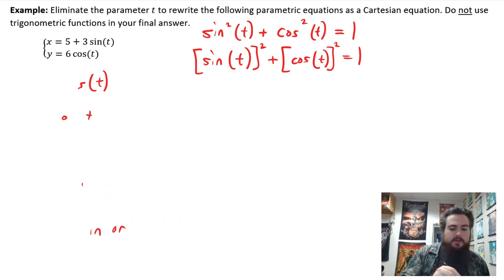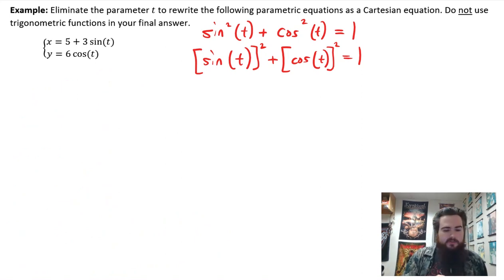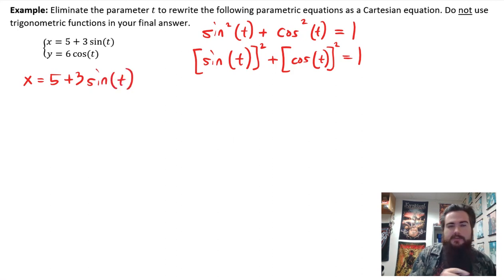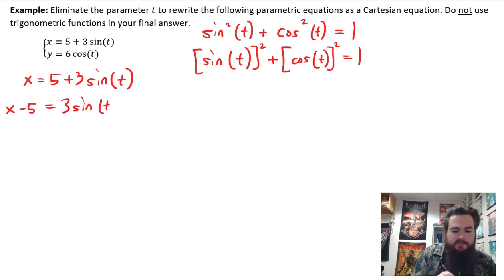So if I take the first equation there, x equals 5 plus 3 sine of t. My goal here is just to get the trigonometric function by itself, so I only need to move the other constants. Need to move the 5 and the coefficient of 3. I could subtract 5 from both sides to get x minus 5 equals 3 sine of t.